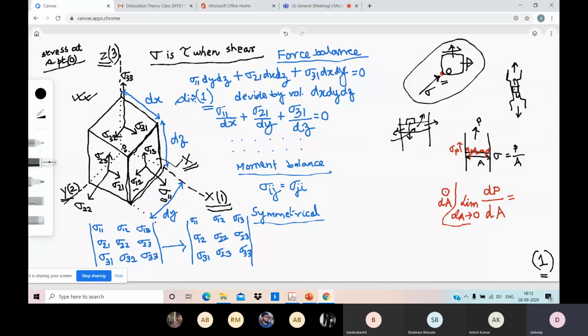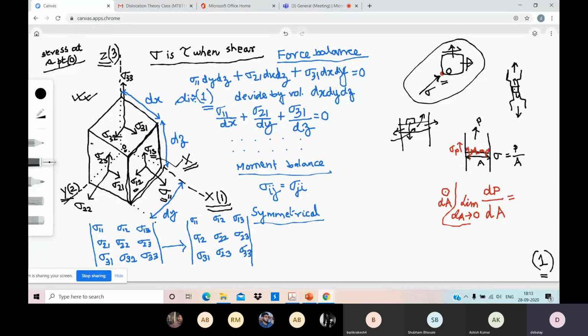On the other hand, sigma 1 2 and sigma 1 3 are acting on the x plane along direction 2 and along direction 3 respectively.